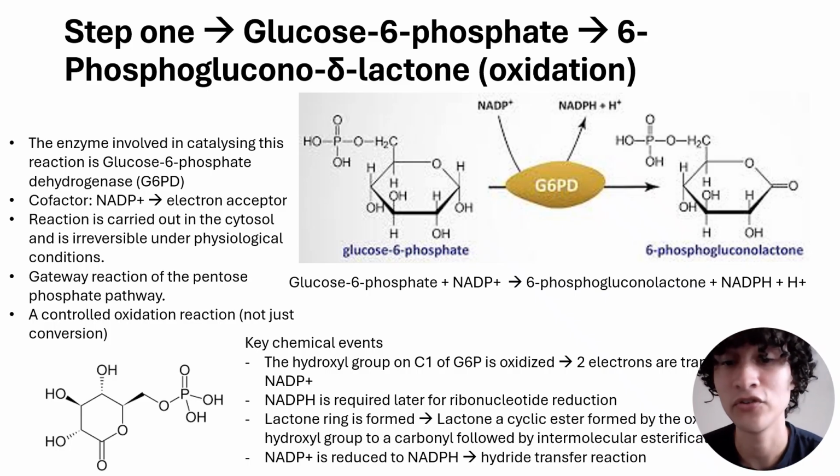So the pentose phosphate pathway is initiated by the conversion of glucose 6-phosphate into 6-phosphogluconolactone, and this is an oxidation reaction. Glucose 6-phosphate is shunted from glycolysis, and then the enzyme glucose 6-phosphate dehydrogenase, along with the cofactor nicotinamide adenine dinucleotide phosphate, or NADP+, is going to oxidize our glucose 6-phosphate, the hydroxyl group on that first carbon of the hexose ring.